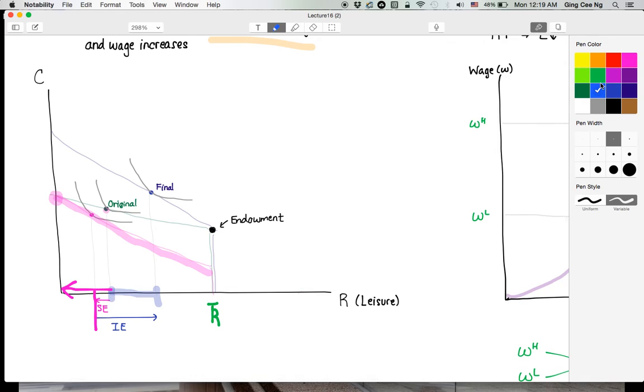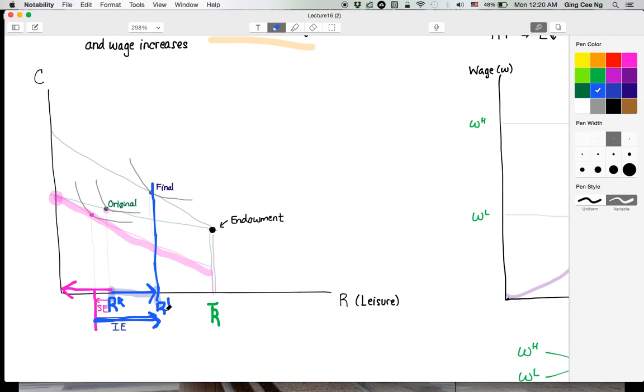And in this case, the one that I drew, the income effect overwhelmed or dominated the substitution effect, which was going the opposite direction, and was able to push the consumer to consume at a leisure level R prime, let's say, that was higher than the original R star. So in this case, when the wage rate went up, this guy consumed more leisure.